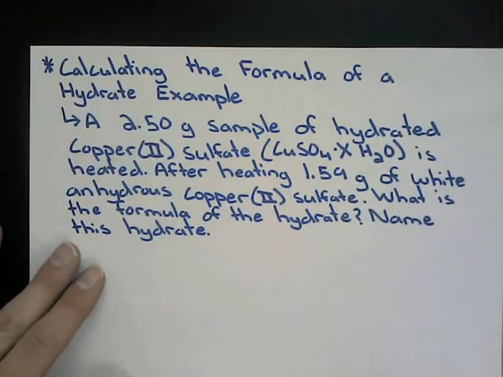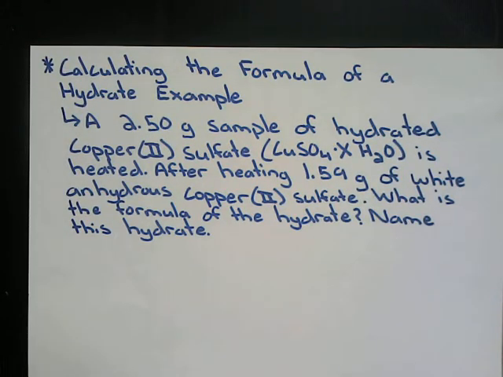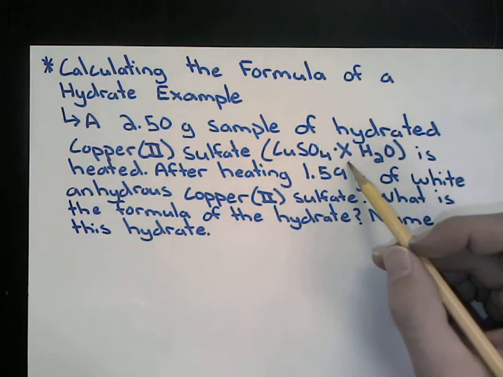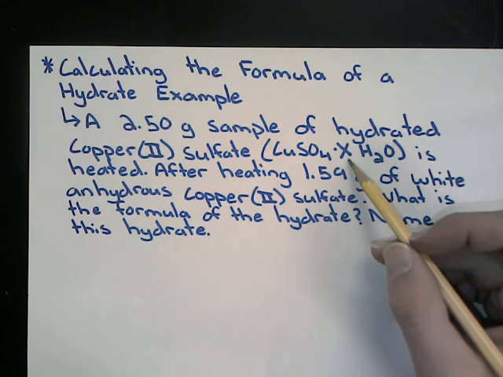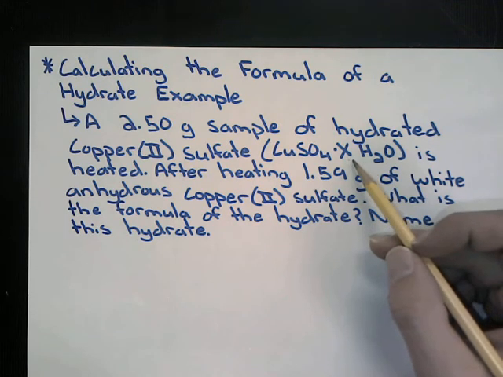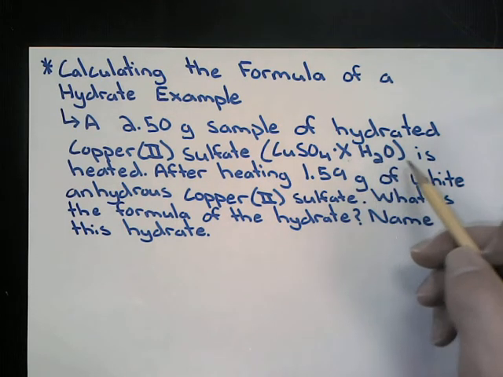We want to calculate the formula of the hydrate given the following scenario. We have a 2.5 gram sample of hydrated copper 2 sulfate. Ultimately, we don't know how many grams or molecules of water we have here.